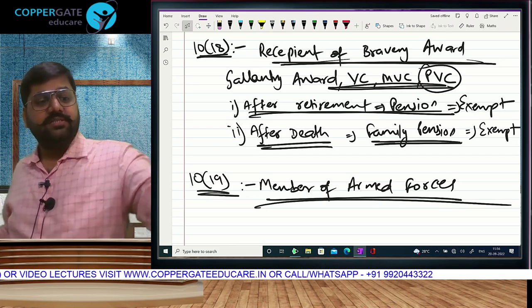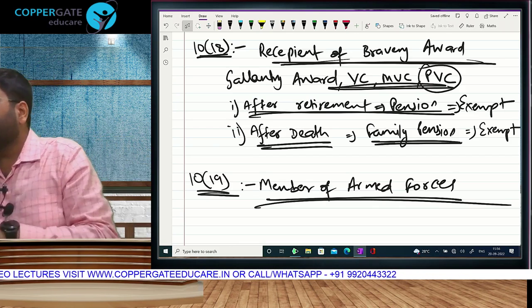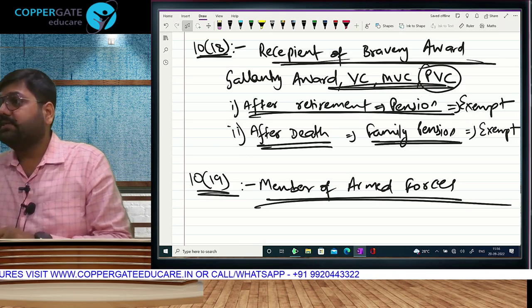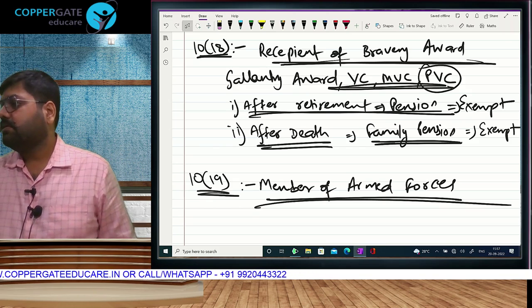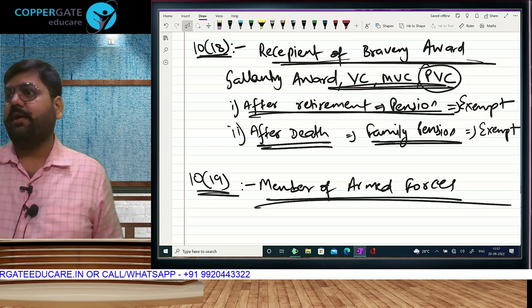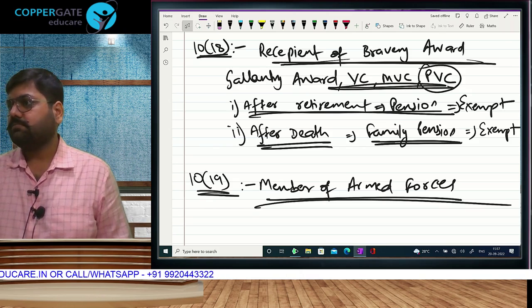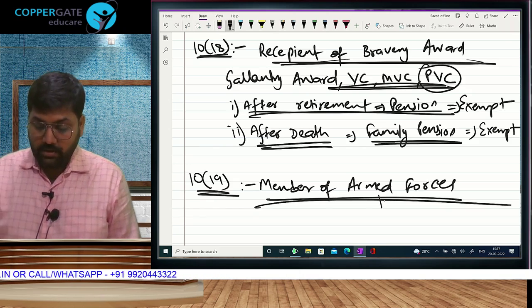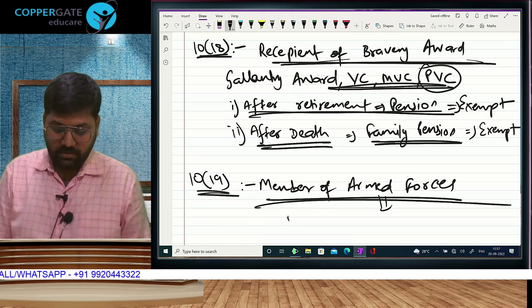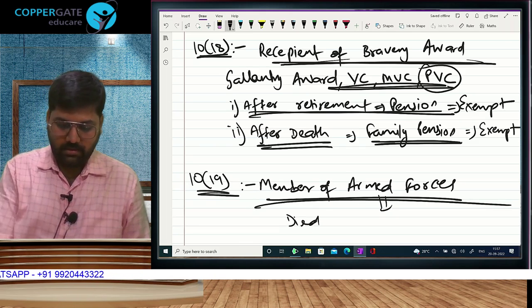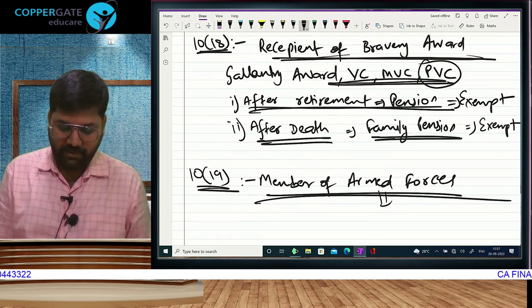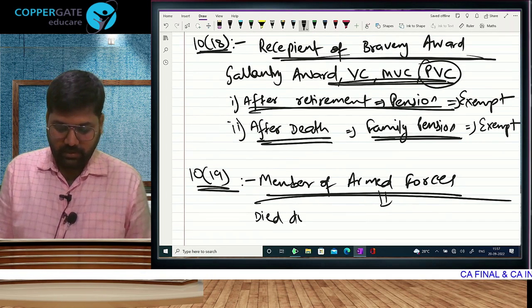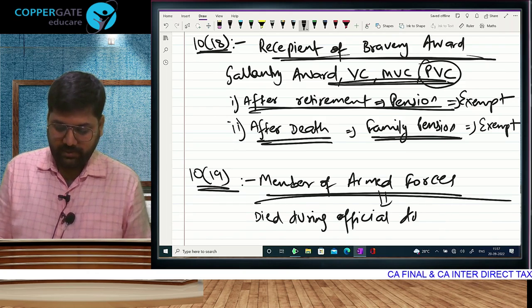They say this includes paramilitary forces like NSG commandos. Police too are covered. Whoever are part of government and get arms to fight, and you have died during official duties. Member of armed forces who died during official duties.